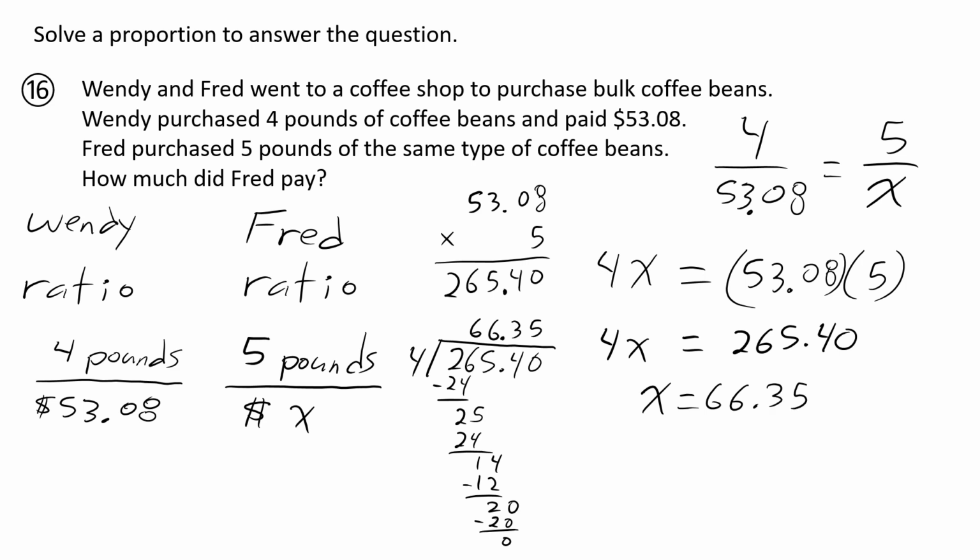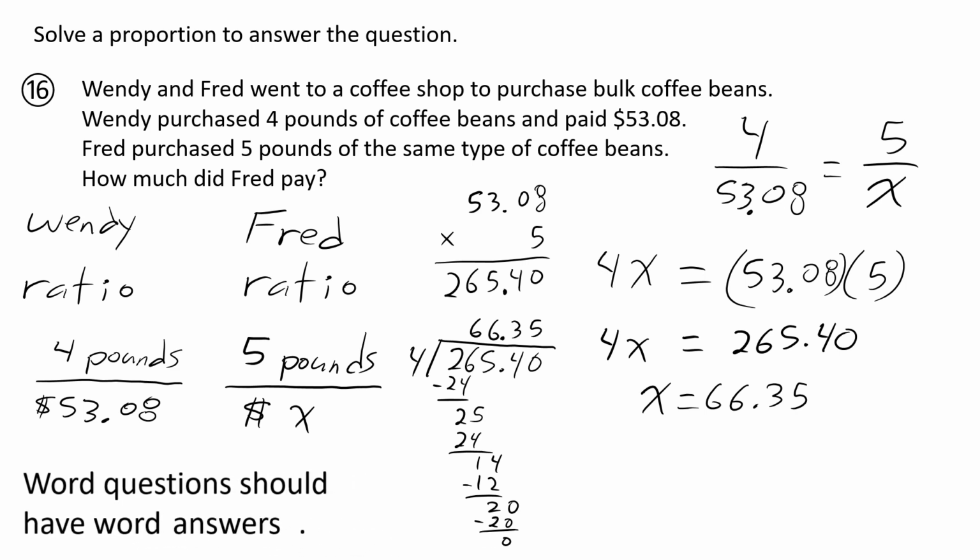Now, before I do my victory celebration, this was a word question. Word questions should have word answers. All right, don't just tell me 66.35. The question is, how much did Fred pay?